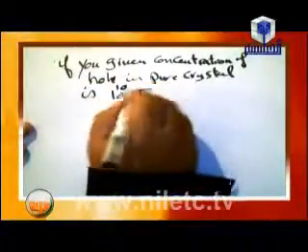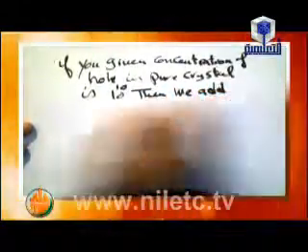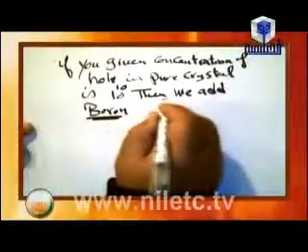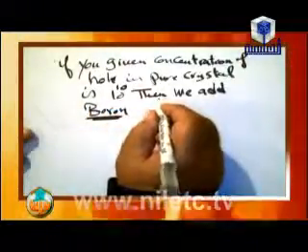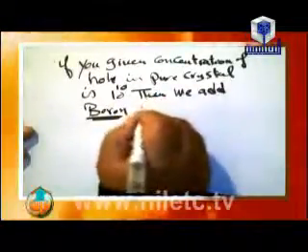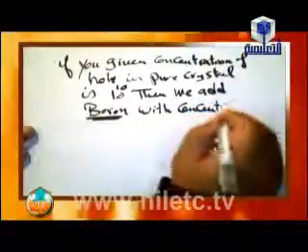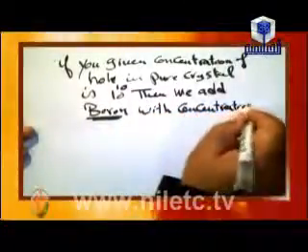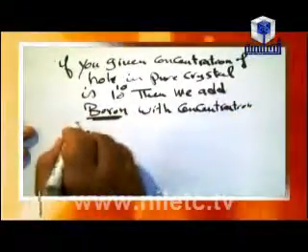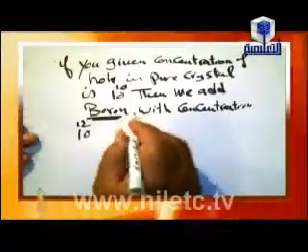Then we add boron. We know that boron is trivalent. Boron makes holes, it means acceptor, with concentration 10 power 12. So the crystal will be P-type. Find the concentration.